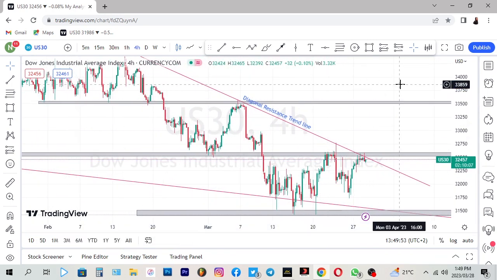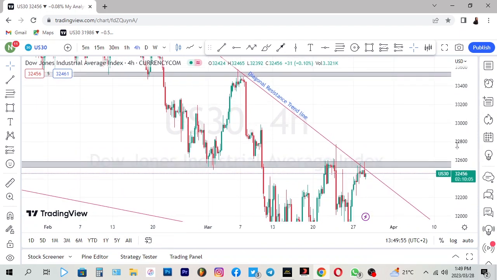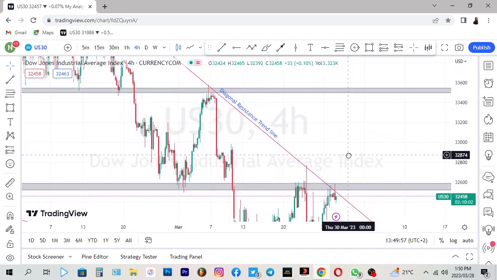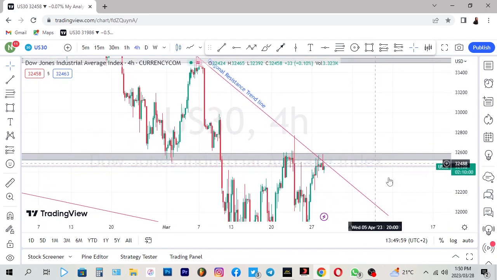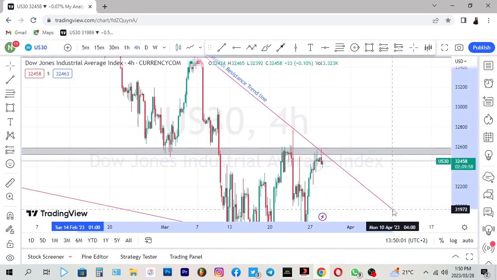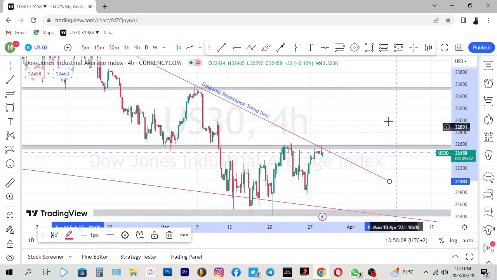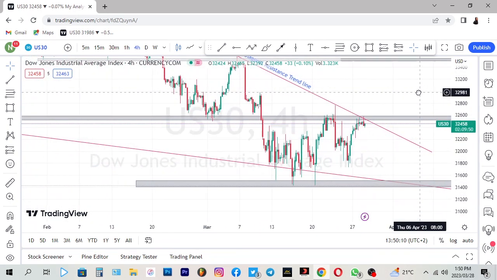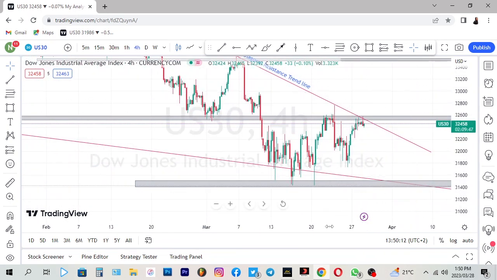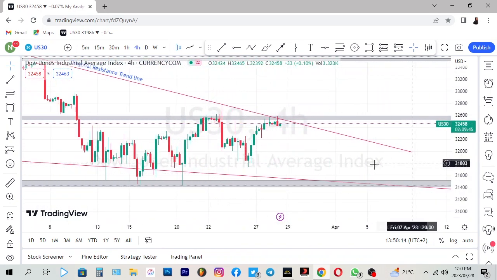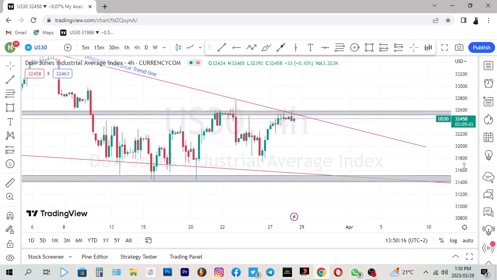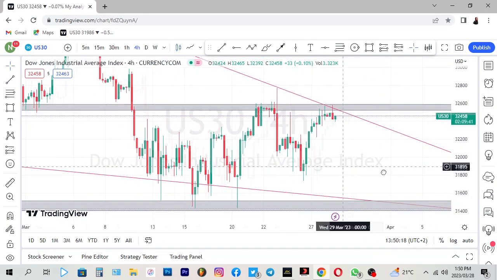So we can see everything is perfectly drawn. All the touches are nicely fixed. We have nice good touches on our support and on our resistance.